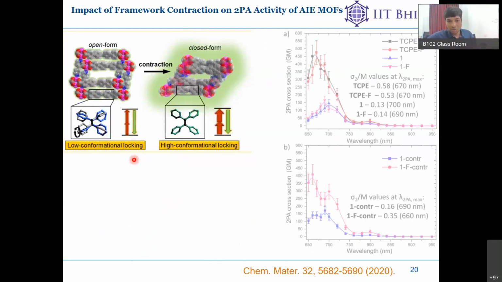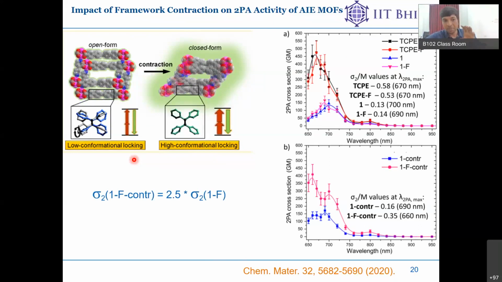So during this process, we have shown the absorption cross-section values of this framework can be enhanced by 2.5 times by contracting it. So you remove the solvent and you bring the molecules closer. You see here the nonlinear optical activity can be enhanced by more than 2.5 times.